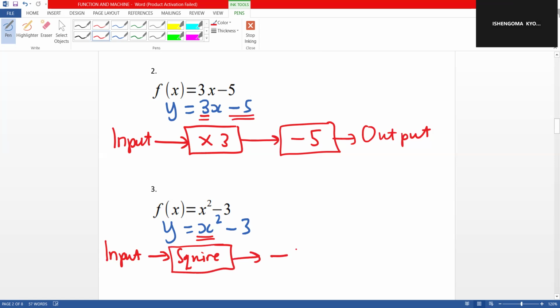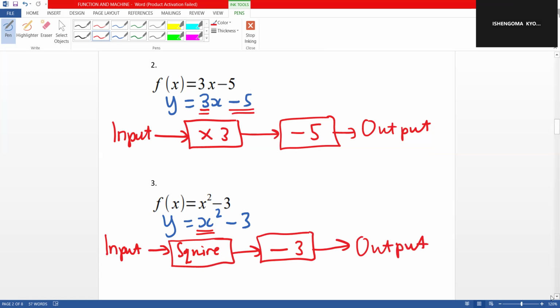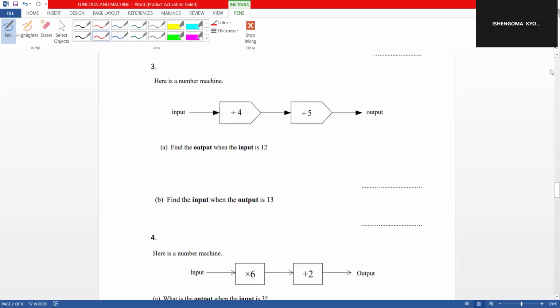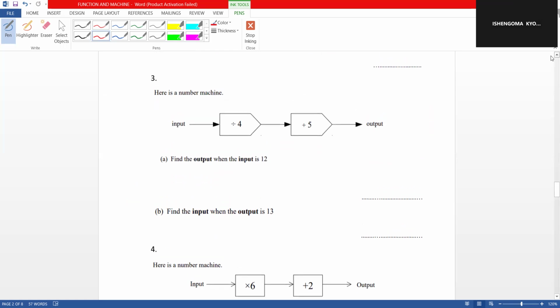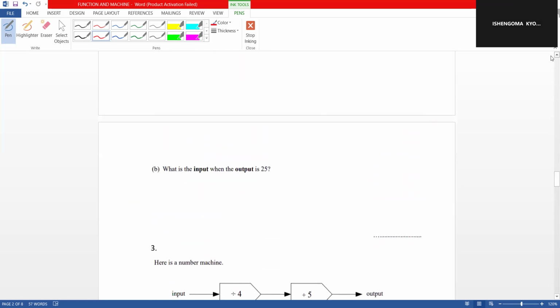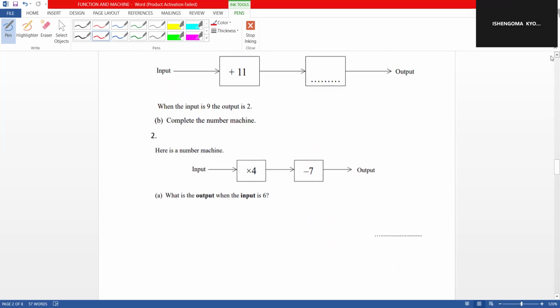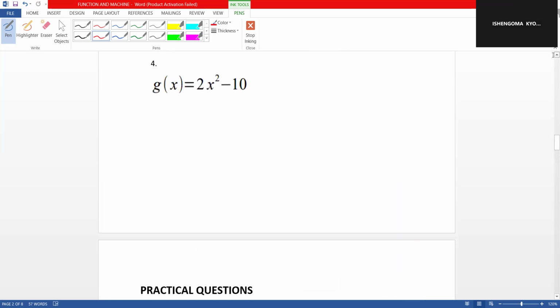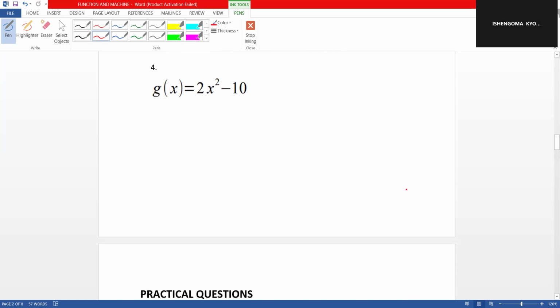Then after squaring our input, we will subtract 3. Then after subtracting 3, we obtain our output. In a machine, it's very basic. Just always remember what the first act is and then what the second act is. After remembering that, we will obtain our machine.